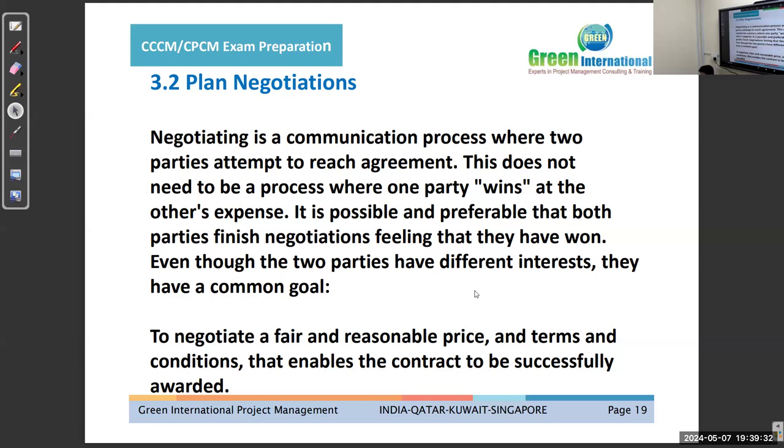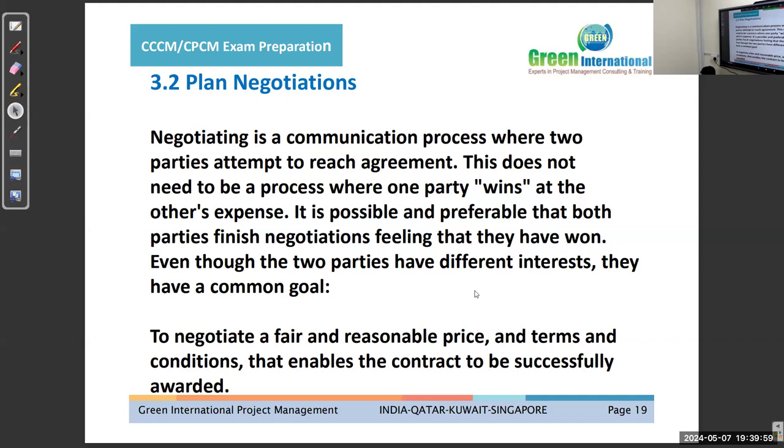We must not put them in a corner from all aspects, but we must have a clear understanding of what considerations they are giving, and that they are not cheating us or giving us an uneven price which is out of the market, and they are not making any kind of monopoly, and they are not giving any unreasonable price. So in both manners, we have to understand that we are winning also and they are winning also.